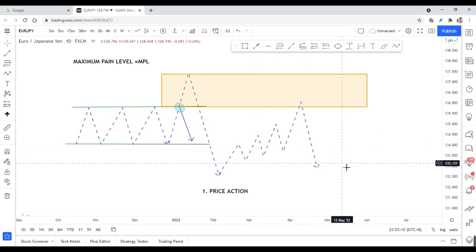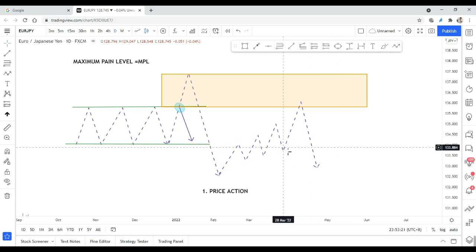So these are the price action. Of course, there are other types of price action like the SR flip, and the combination of the fake out and a lot more, which I'm not going to share here.